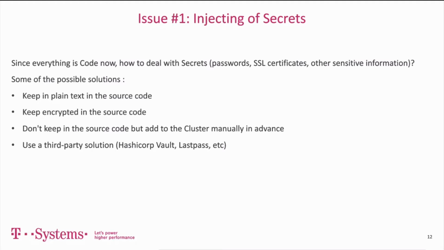From our experience, people usually go for one of these four solutions. The first one is just keeping it in plain text in the source code. This is obviously not a good thing, but if you are just a startup and want to be fast, or you are a company of like three people, then it can still be an option for some short time. The second option is to encrypt your secrets, but still store them in the source code.